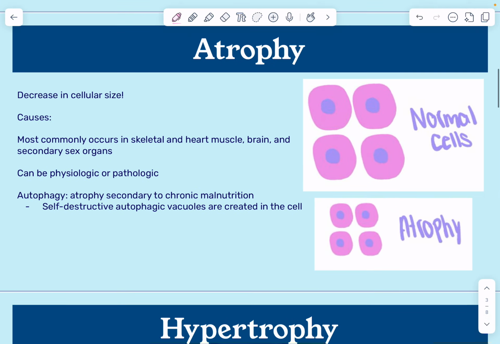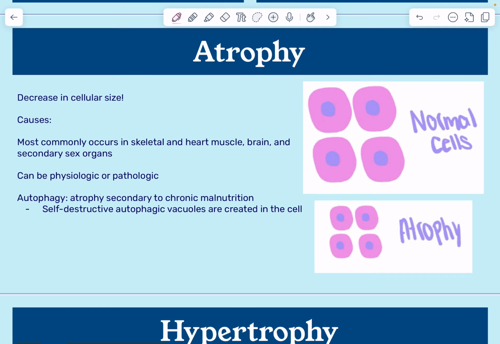The first change I'm going to go over is atrophy, and this is a decrease in cellular size, and this is caused by aging, disuse, lack of blood supply, and hormonal or neural stimulation.